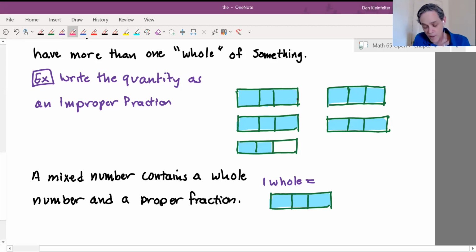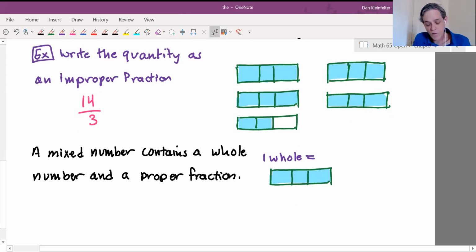Reading across first, there's 3, 6, 9, 12, 13, 14 thirds. Okay, this value is 14 thirds. A mixed number contains a whole number and a proper fraction. So here, if 1 whole is one of those bars with 3 parts, then this has 1, 2, 3, 4 whole pieces and 2/3 of a 5th one. So it's 4 2/3. 4 2/3 is the same as 14 thirds.